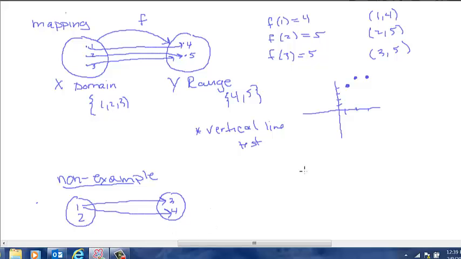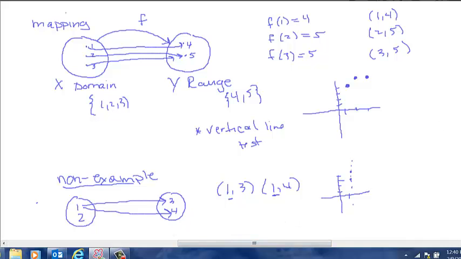So again, think about how that translates to those ordered pairs. I would have 1, 3 and 1, 4. So it's that repeating x that you can't have. And think about what that would look like on a graph, because I would have 1, 3, and 1, 4, one right on top of each other. So again, the vertical line test would fail.